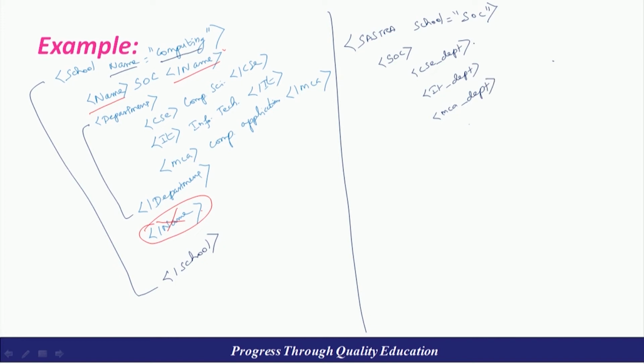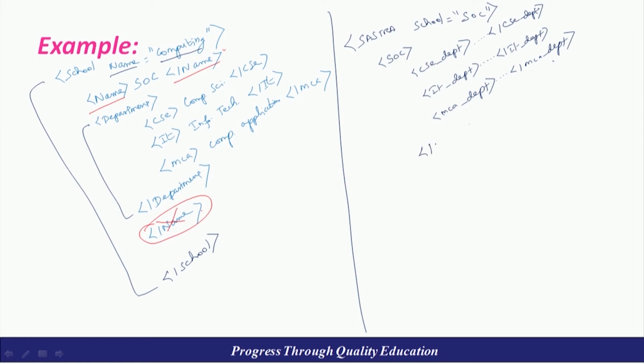I have written some text here and I have closed it properly, /CSE underscore department. And I have some text for IT, it is also closed properly, and I have /MCA underscore department. See, all the child elements are closed properly.